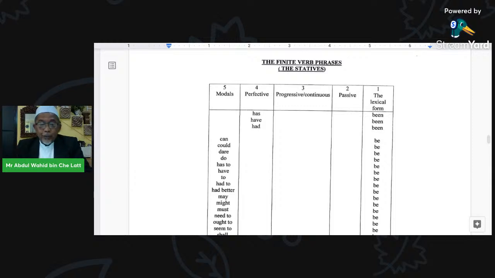Next, we introduce 3-1 progressive in passive, 4-1 perfective in passive, 5-1 modal in passive, 5-3-1 modal and continuous, and later we introduce 4-3-1 and finally 5-4-3-1. All the examples should be accompanied with examples in a correct, perfect sentence.